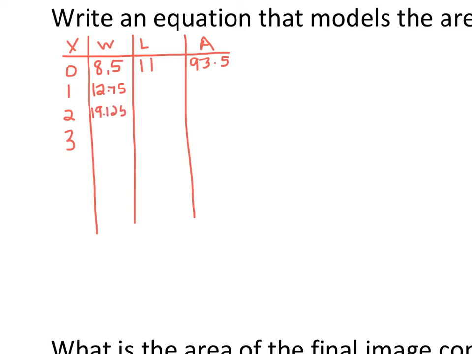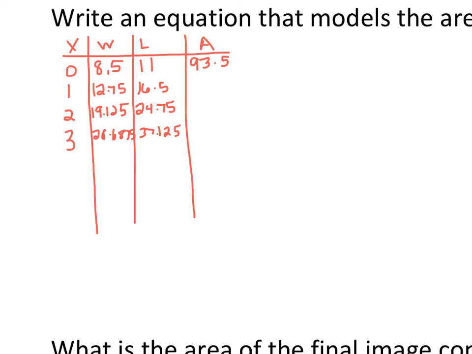And one more time, times 1.5, 28.6875. Okay. Do the same with 11. 11 times 1.5 is 16.5. Times 1.5 is 24.75. And times 1.5 is 37.125.